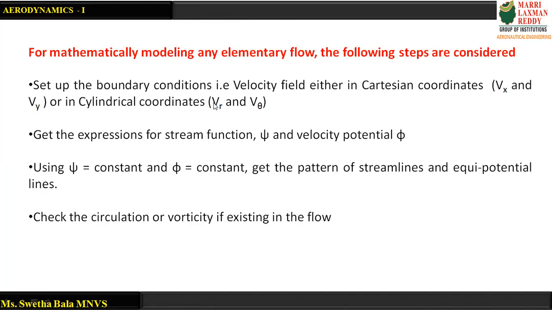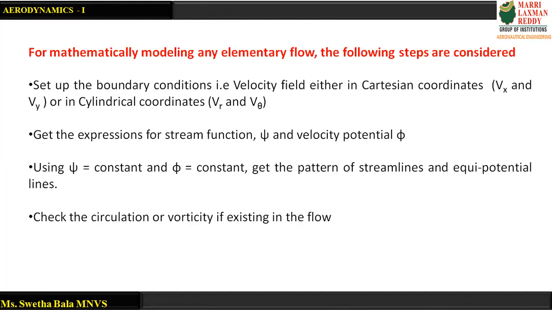We are considering a two-dimensional flow field which can be extended to 3D. Then we get the expressions for stream function, xi, and velocity potential function, phi. Using xi equal to constant and phi equal to constant, we get the pattern of streamlines and equipotential lines. The last step is to check whether circulation or vorticity exists in the flow, that means, is the flow irrotational or not?